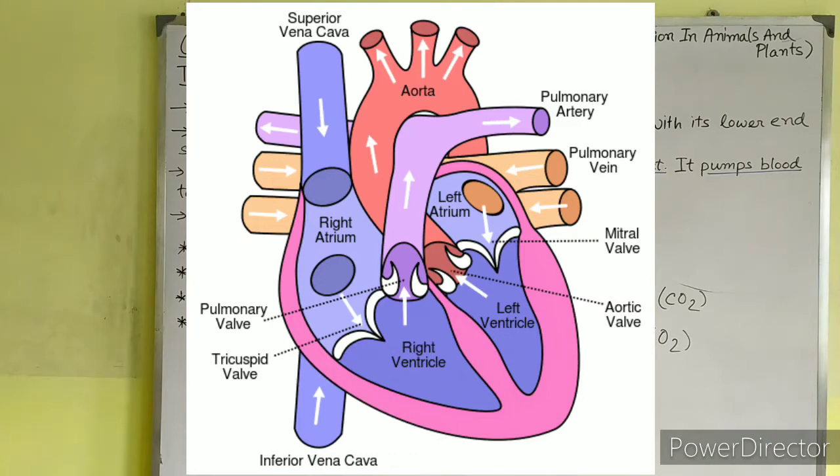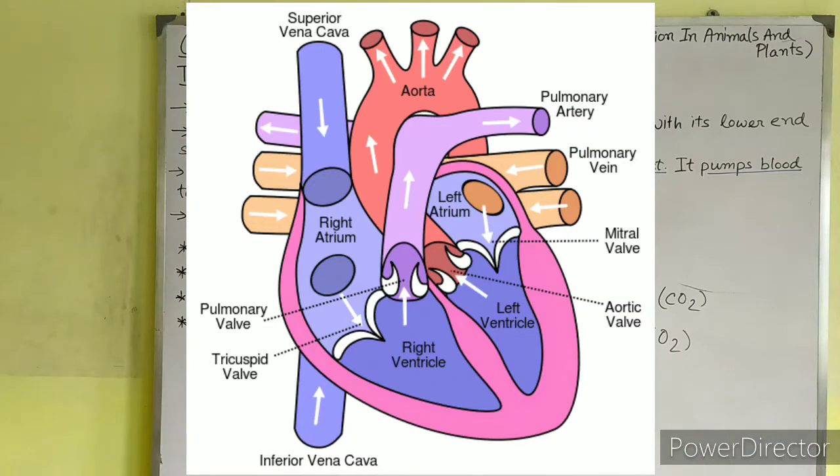Now students, you should know that there is a muscular septum dividing the right side and left side of the heart, which is present between the left ventricle and right ventricle, that pink colored portion.